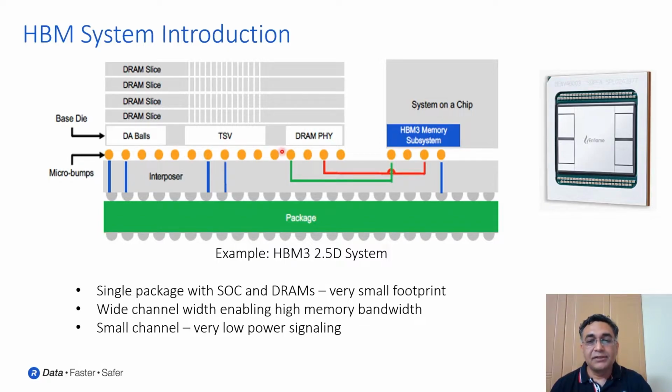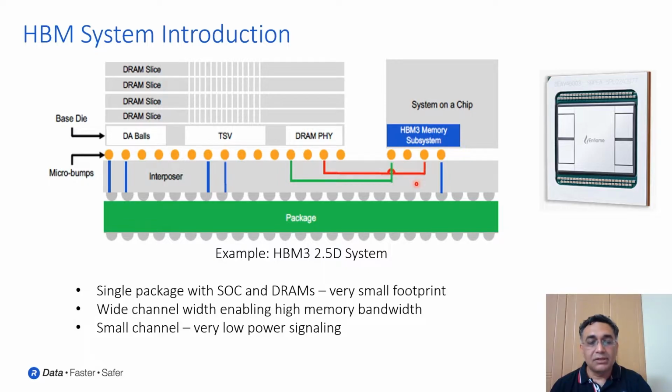So the DRAM base die would have micro bumps, and the interposer top side would also have micro bumps. Some of the interposer signals will directly go to the BGA, like the power supplies for the DRAM or certain other signals. The DRAM PHY signal will communicate with the HBM controller PHY or the system on chip PHY through the interposer.